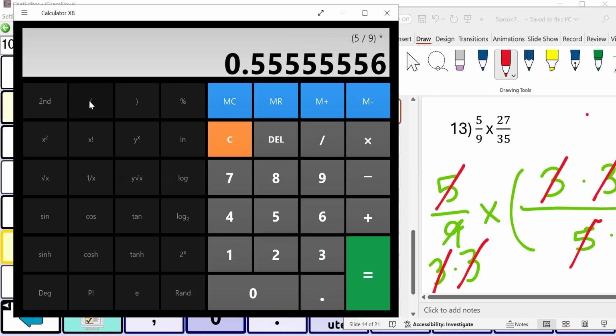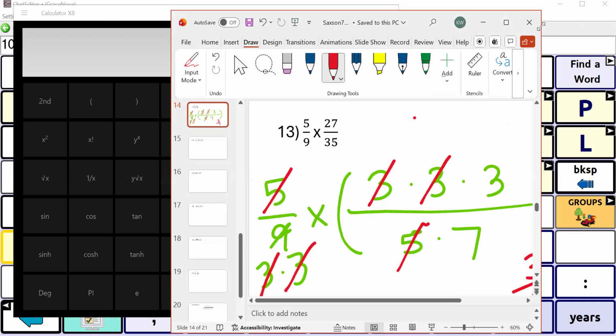And we're multiplying that by the second fraction, which is 27 divided by 35. And then we hit enter. Well, this is saying that it is 0.42857. Let's see if that's the same thing as the fraction that we got. After we reduced those down to prime numbers, we ended up with 3/7.